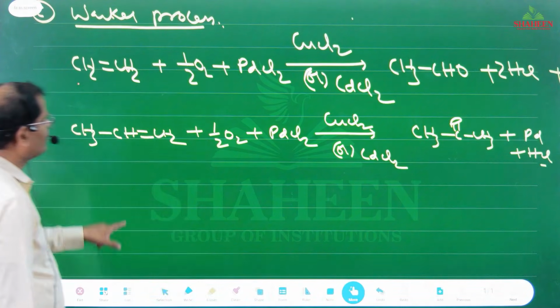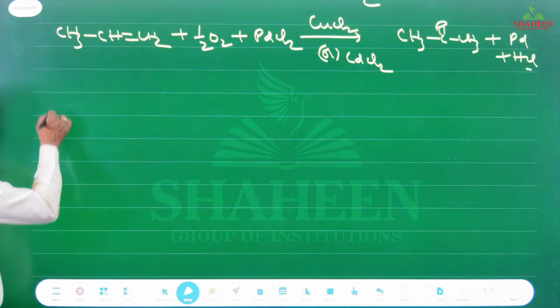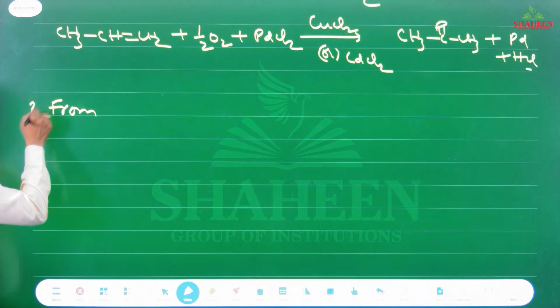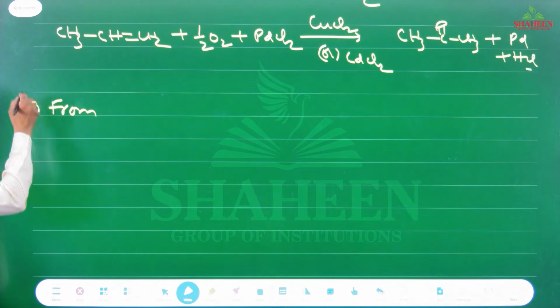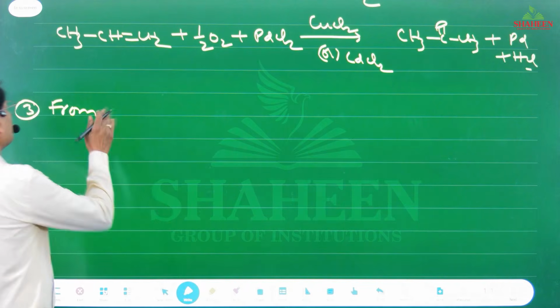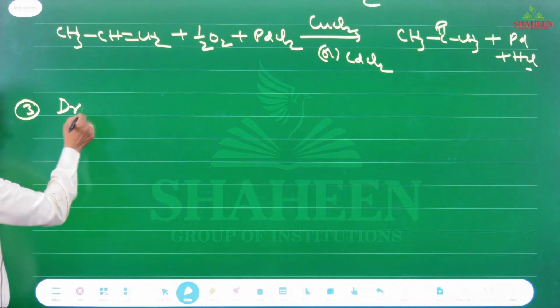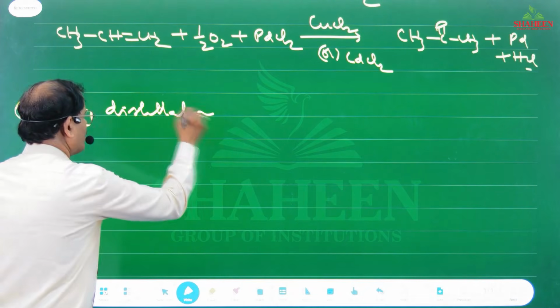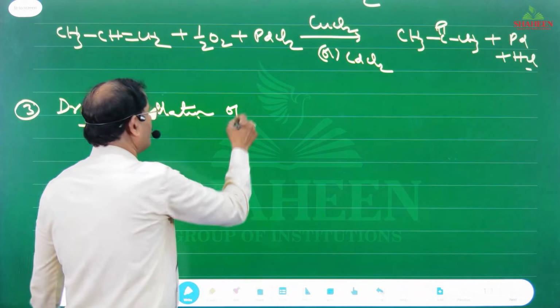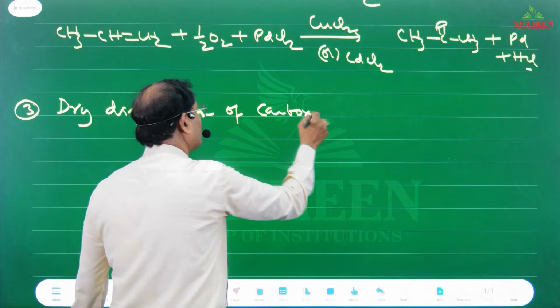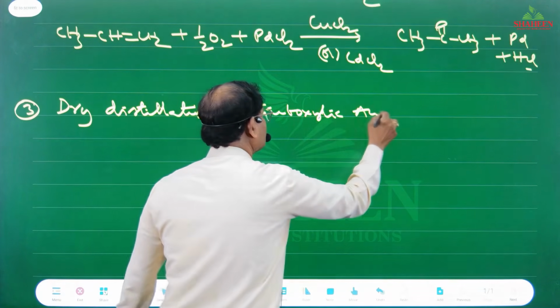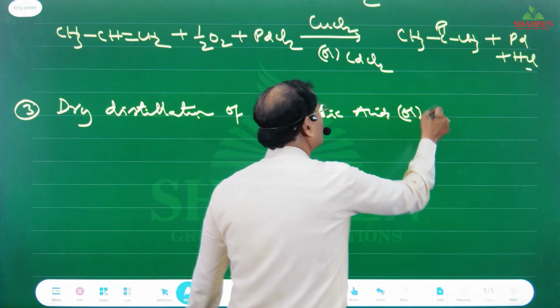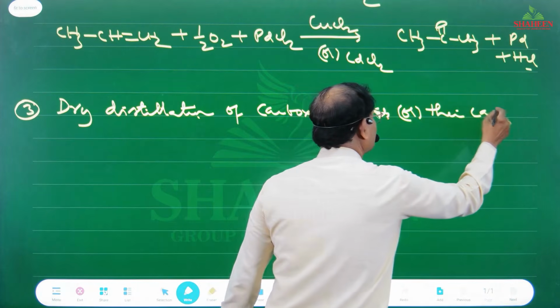Then the next one is from carboxylic acids, dry distillation. Dry distillation of carboxylic acids or their calcium salts.